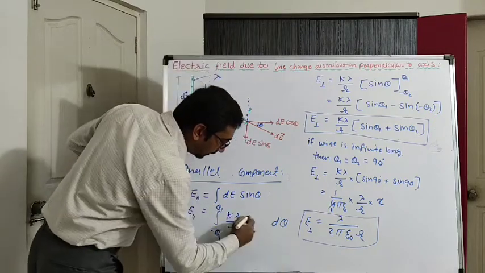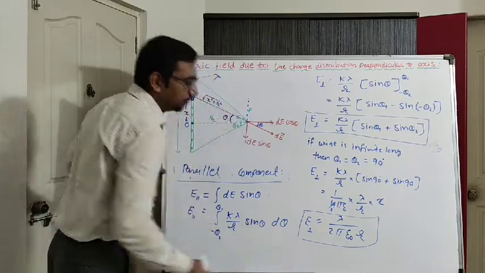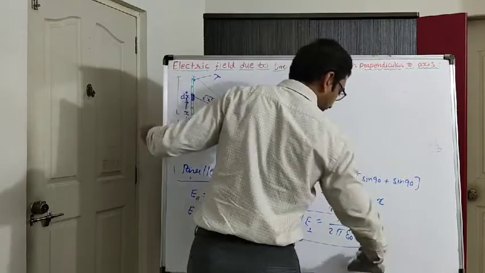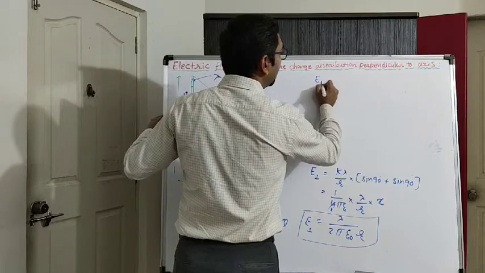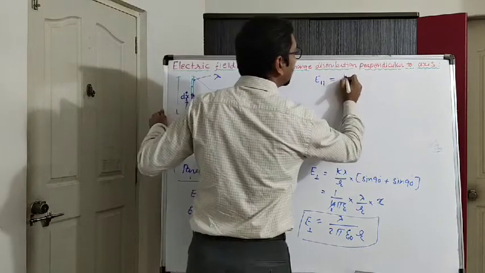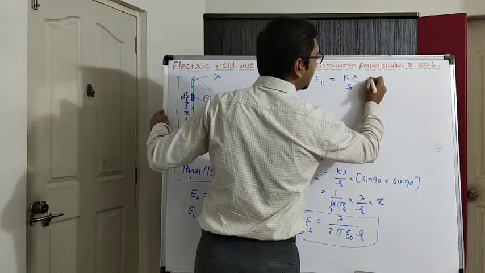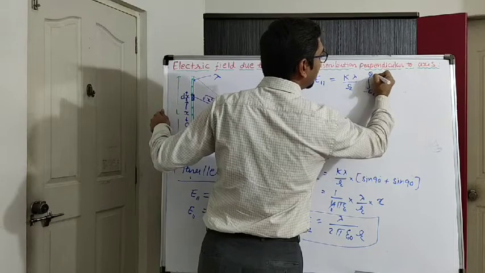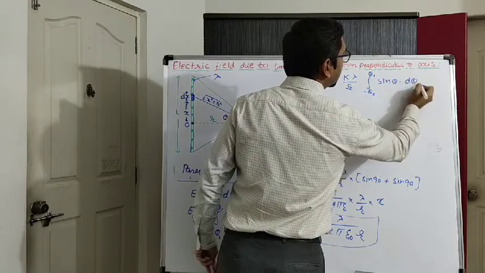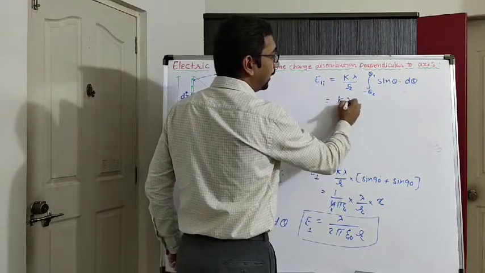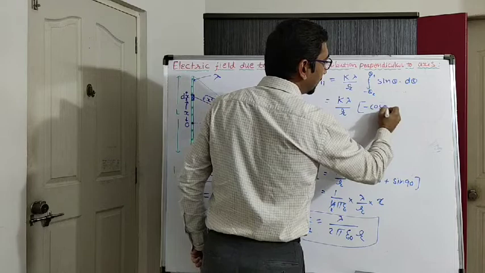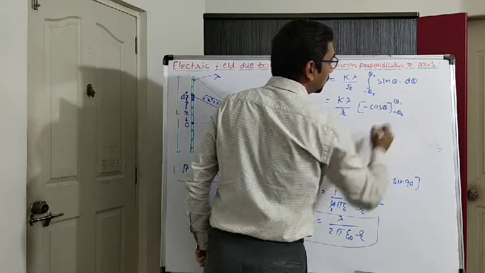Now here the component is sine theta, so this time we have to integrate the sine function. So E parallel is equal to k lambda upon r constant, integration from minus theta 2 to theta 1 of sine theta d theta. Integration of sine theta is minus cos theta.